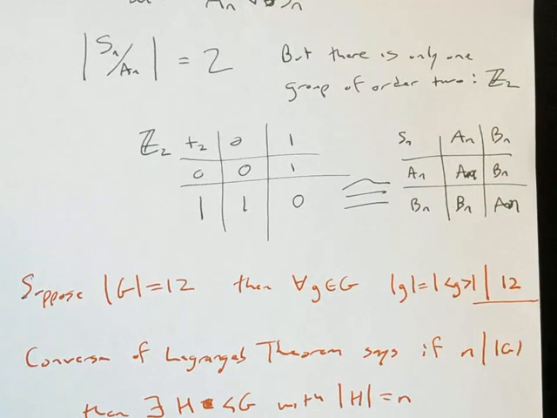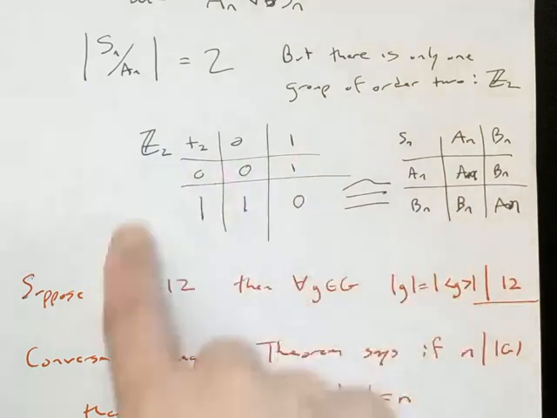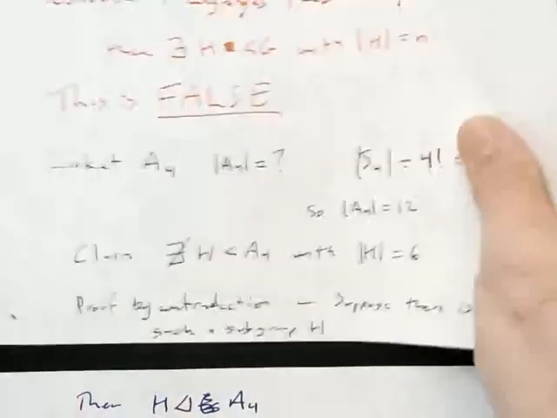I have a group of order 12. I have a subgroup of order 6. How many cosets does it have? It and one other set, right? Means it's got to look like this. So there are only 2 cosets.